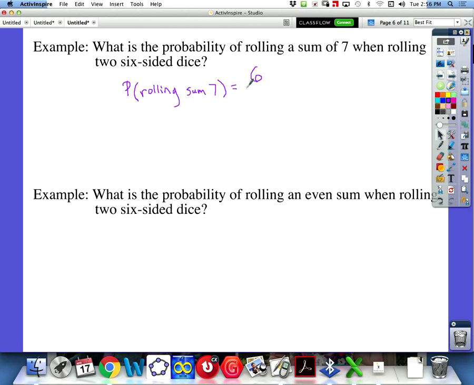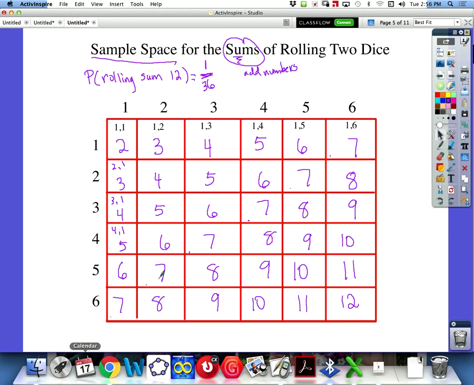So 6 ways to get a 7 out of 36 total. So our answer is 6 out of 36, or 1/6. So when you're playing dice games, 7 is a good number to bet on because it's going to happen probably the most because there's more 7s on this board than any other number.